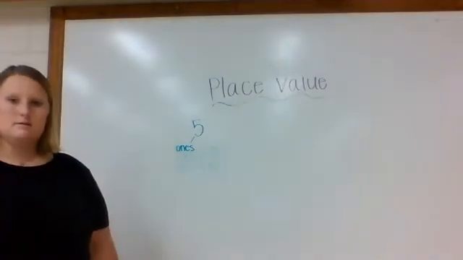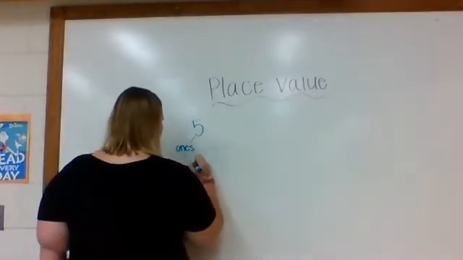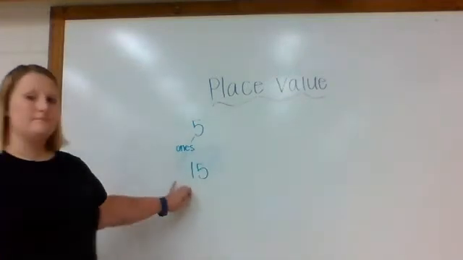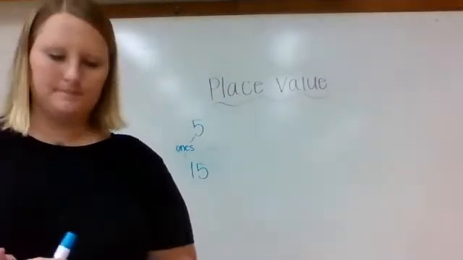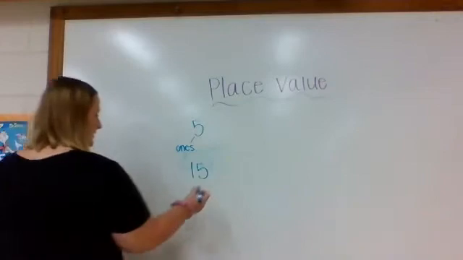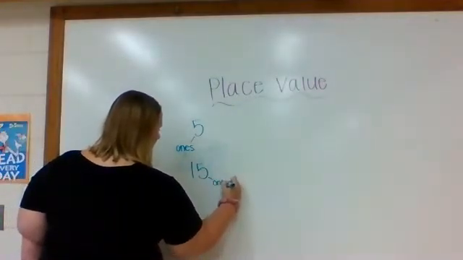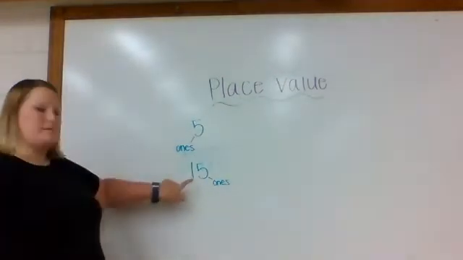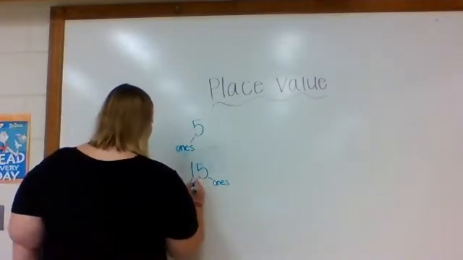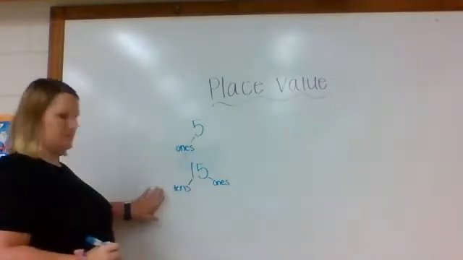Okay, let's try this. If we have the number 15, now we have 2 numbers. We have the number 5. 5 is still our ones. What's the number 1? It's tens. Place value, okay?